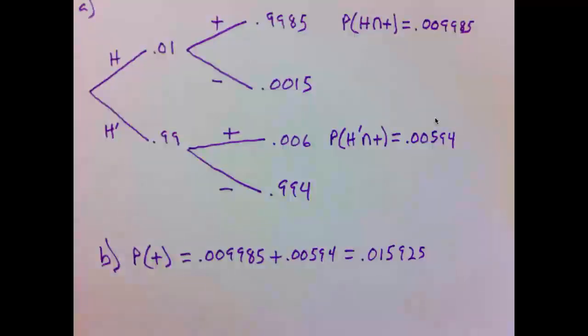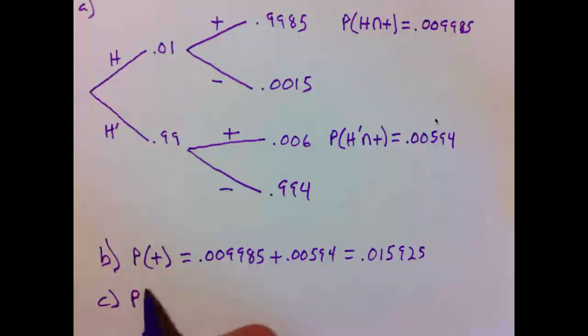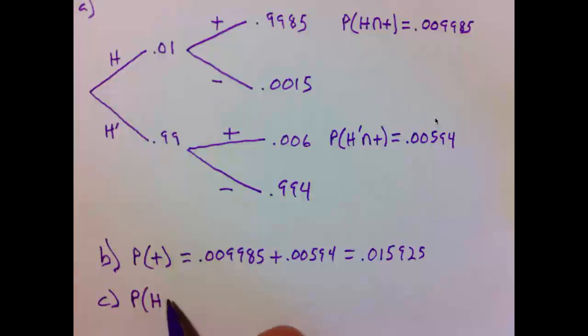Next part. C. What is the probability that a person has the antibody given that the test is positive? So, has the antibody given that it's positive? Let's see if we can come up with our notation. Probability that we have the antibody, we have HIV, given we have a positive result.